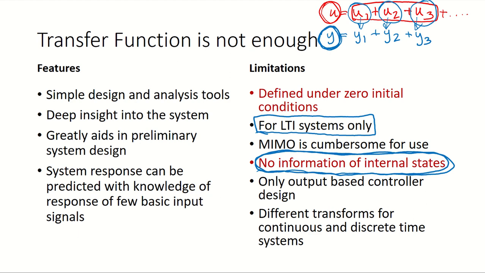In state space realizations, the structure or the representation remains the same, be it continuous or discrete time. So the mode of representing the system remains the same. Of course, there are differences because one is continuous and the other is discrete.